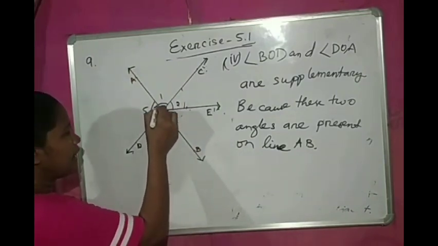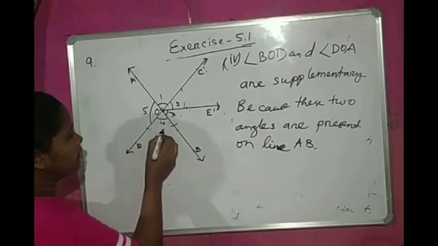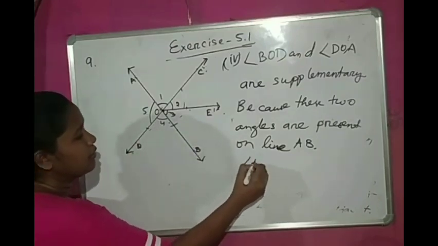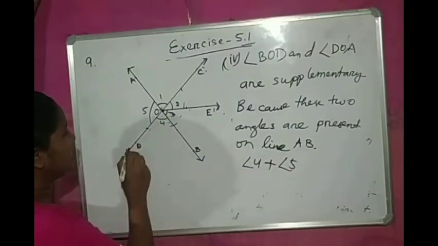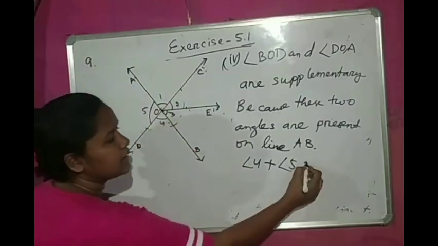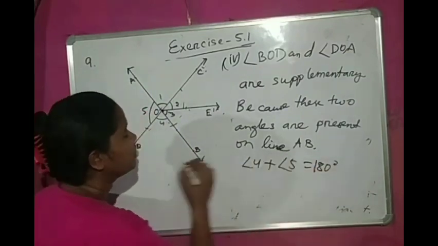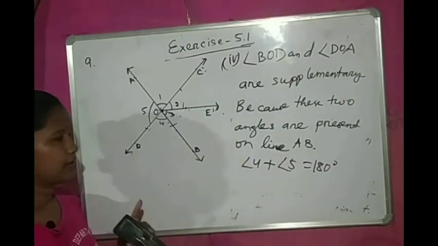The total angle of a straight line is 180 degrees. So angle 4, which is BOD, plus angle 5, which is AOD or DOA, is 180 degrees because they are on a line. That's why these are supplementary angles.